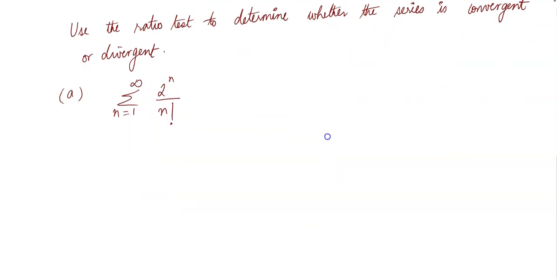So the first problem is summation n = 1 to infinity of 2^n over n factorial.